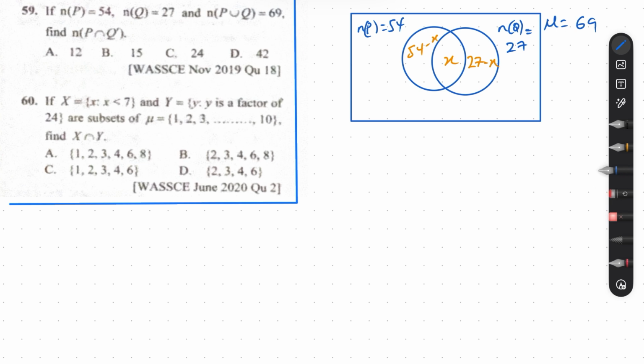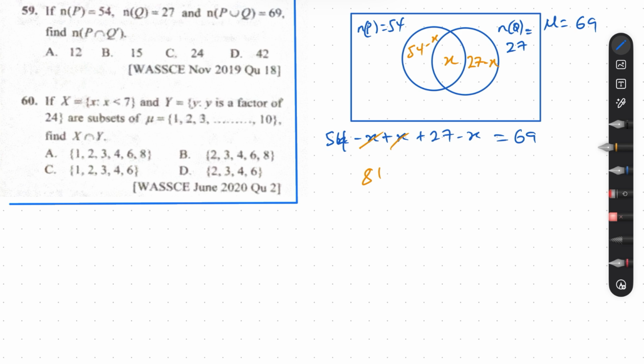So we have 54 minus X plus 27 minus X should give us 69. Okay, so this X cancels this X, so the left is 54 plus 27, that will give us 81. Am I right? 81.